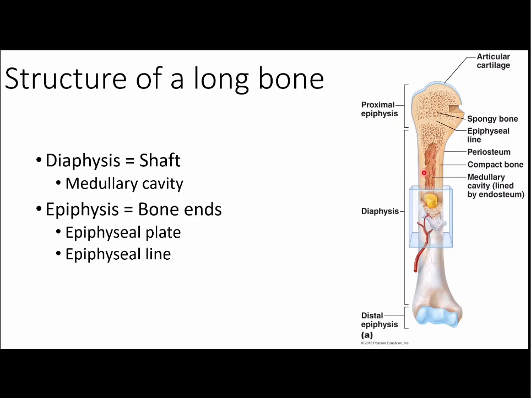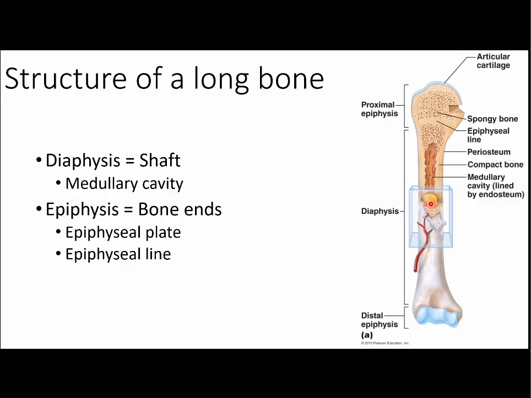And in the center, we have the medullary cavity. So this is an actual opening in the center of the bone where yellow bone marrow is going to be found. Remember that yellow bone marrow is a form of fat storage. So that's our diaphysis, thick compact bone, medullary cavity in the middle, full of yellow marrow.